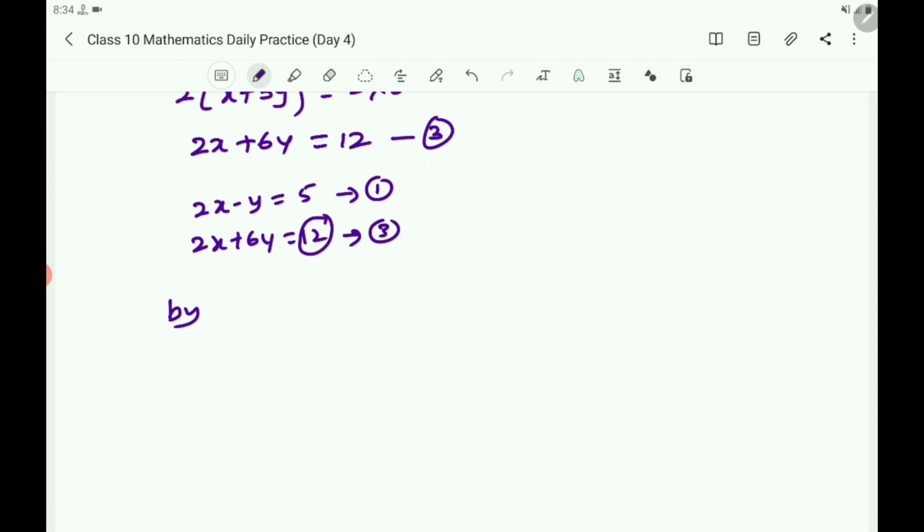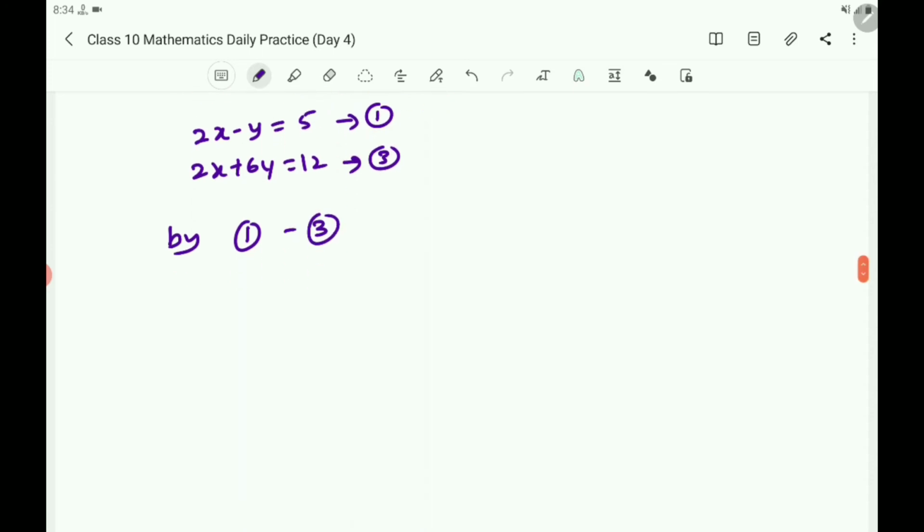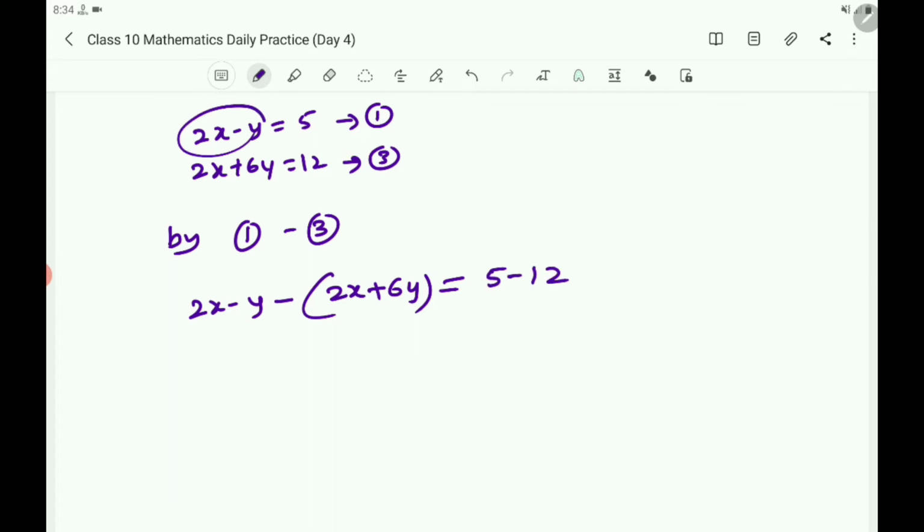Both are okay here. So let us write 1 minus 3. So write 2x minus y minus 2x plus 6y equals 5 minus 12. Here LHS minus LHS, RHS minus RHS. So you write 2x minus y minus 2x plus 6y equals 5 minus 12.